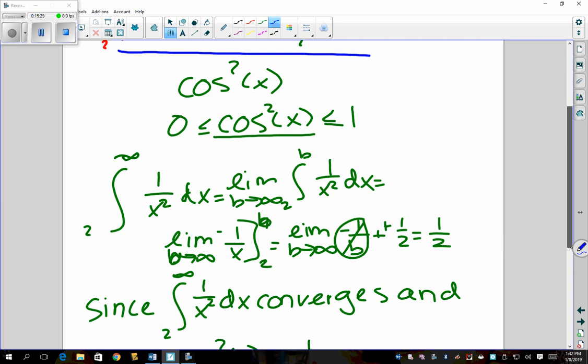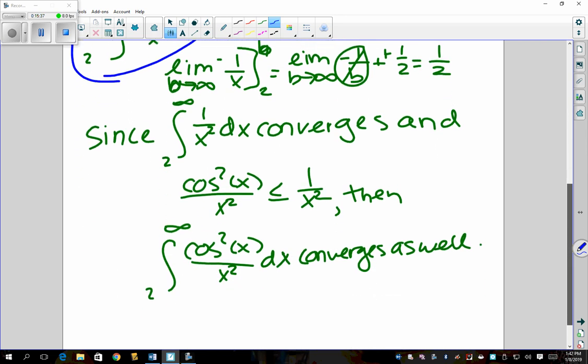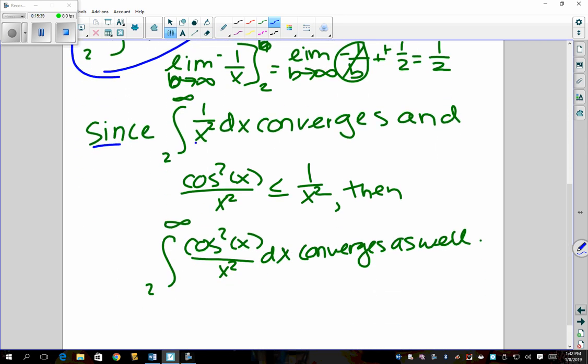Otherwise, you need to show that your comparison integral converges to a number, and then you need to tell me that since your new integral converges and your old one is less than your new one, then your original converges.